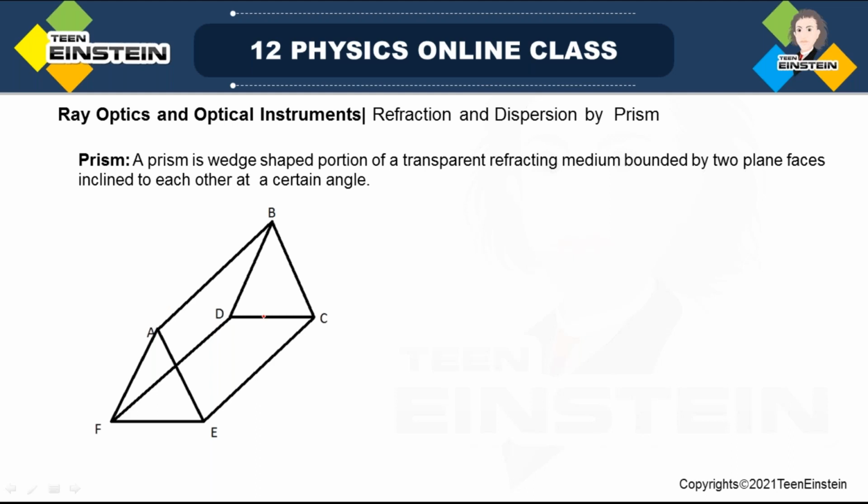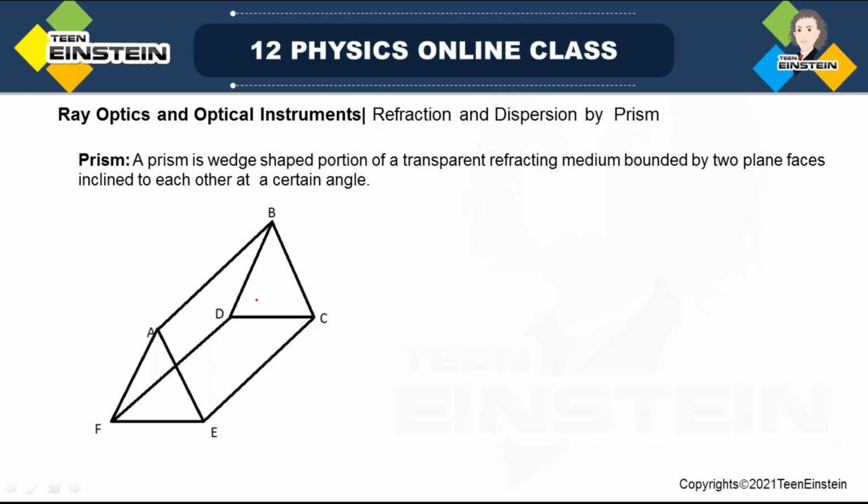So if you cut this whole prism by sections, just cut perpendicular to this AB refracting edge, then you will get a shape like a triangle. That particular section is called the principal section.